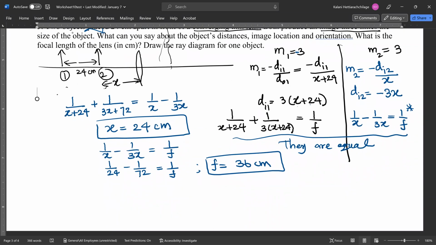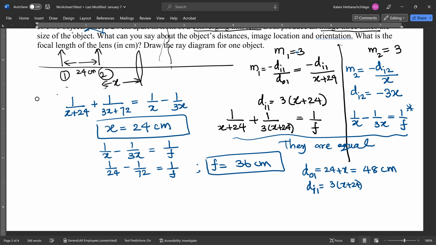So you can summarize it as a simple example. What you need to do is write DO1. DO1 is, you see, 24 plus x, right? 24 plus x. Since x is 24, that will be 48 centimeters. And DI1 is equal to 3 times (x plus 24).